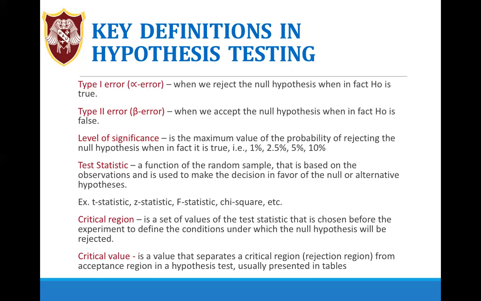Again, to reject the null hypothesis means to conclude that the null hypothesis is false. And to not reject or accept the null hypothesis merely implies that there is no sufficient evidence to believe that it is false.